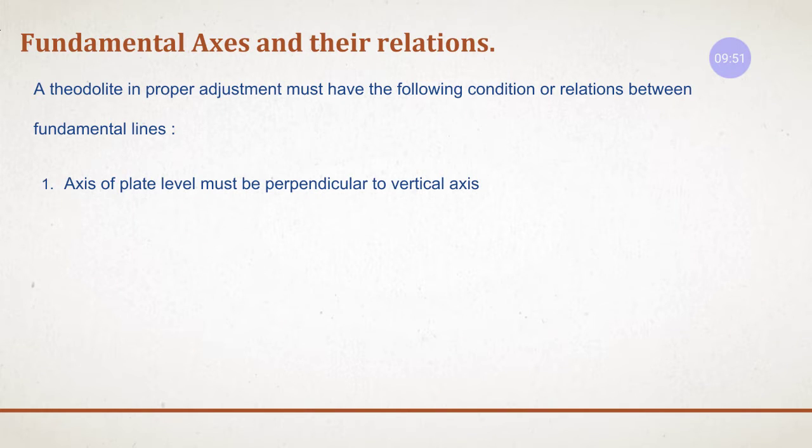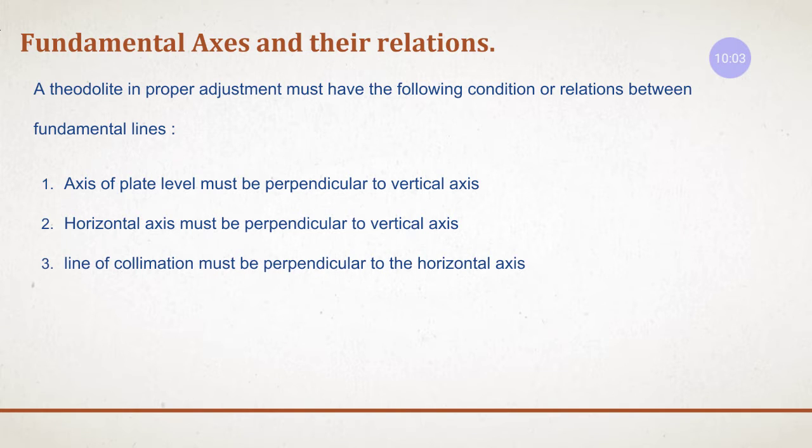So this is what I was talking about. The axis of the plate level must be perpendicular to the vertical axis. The horizontal axis must be perpendicular to the vertical axis. The line of collimation must be perpendicular to the horizontal axis, and the axis of altitude level must be parallel to the line of collimation.